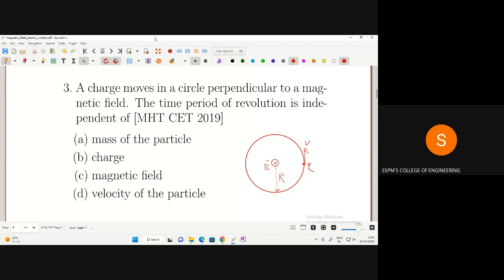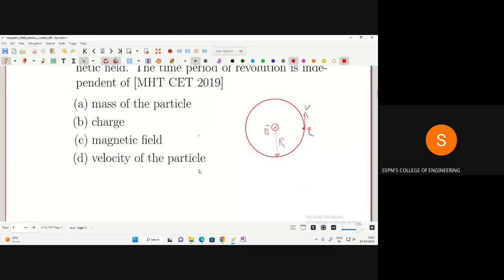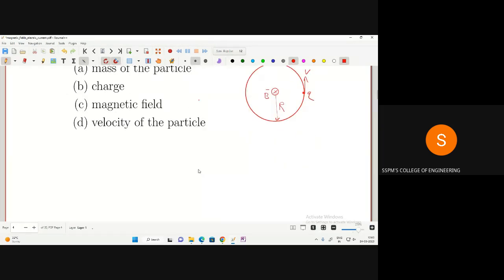So we can find the time taken for one revolution of the charge. Let t be the time taken for one revolution.